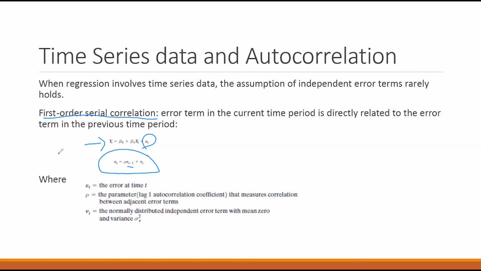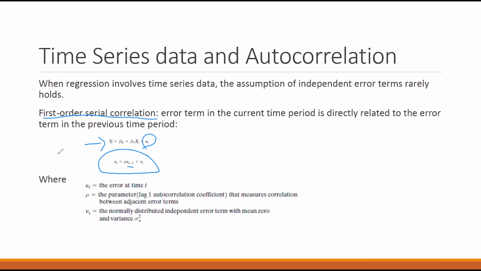So if you take this equation as another simple linear regression model, you can see that the current error term is equal to the previous error term multiplied by a slope plus an intercept, right? So it's a straight line indicating that the current error term is related with the error term in the previous period with a slope rho. Especially if this rho is different from 0, then we have first order serial correlation.